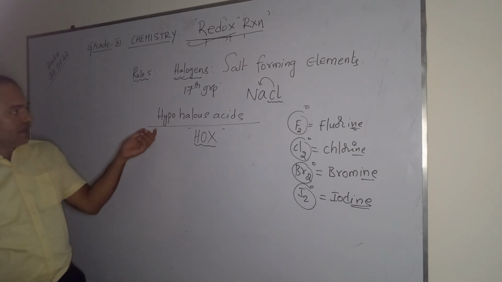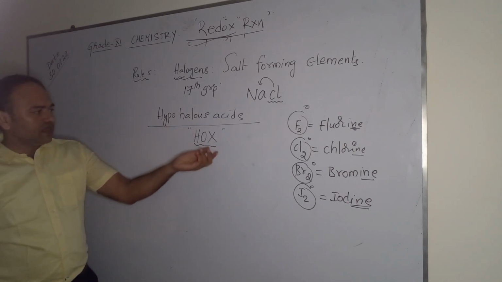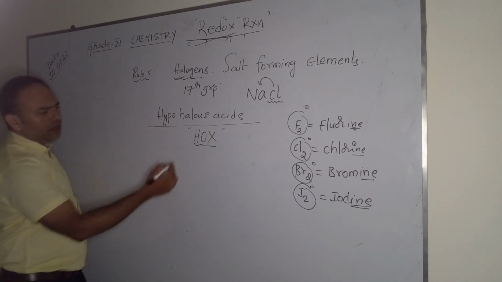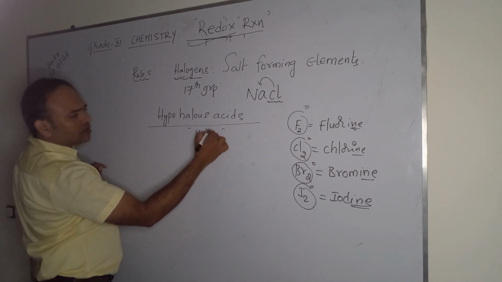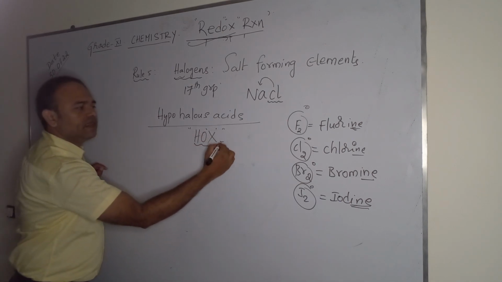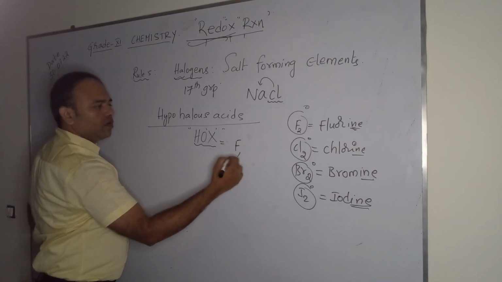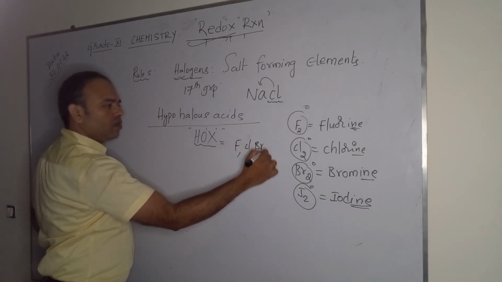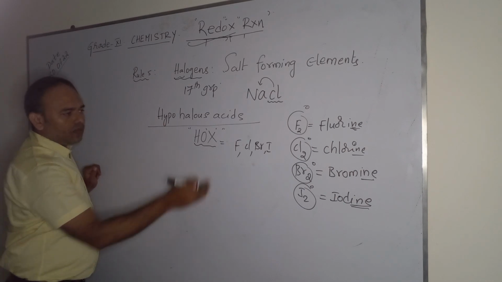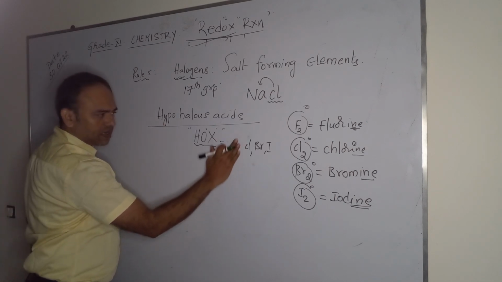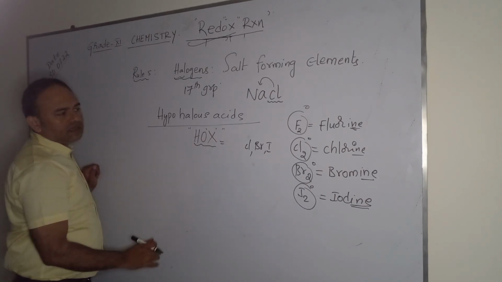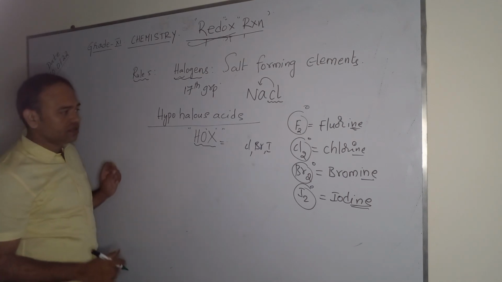What are hypohalous acids? So HOX, general formula. In this condition you should know the oxidation state of X, where X is fluorine, chlorine, bromine or iodine. But avoid fluorine, highly reactive, and you can take the rest of the halogens.